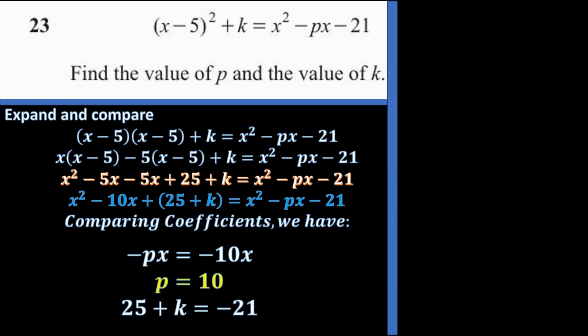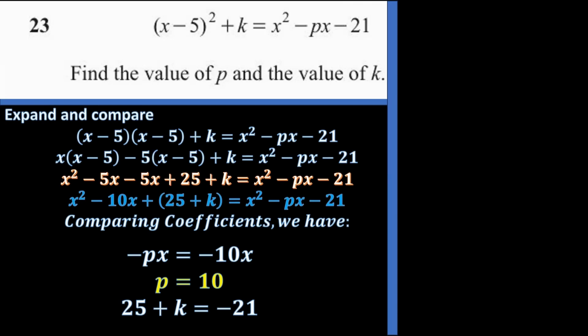Either you compare coefficients, or you can use the whole of minus 10s equals minus ps. When you divide by s, it will cancel out, and you still have your p equals 10. Or you divide both sides by minus s, okay? You have your p equals 10.